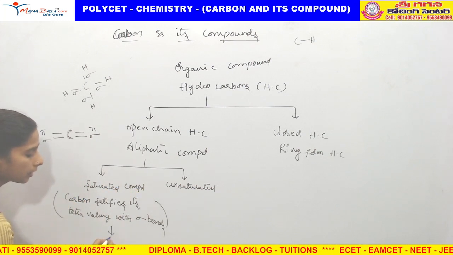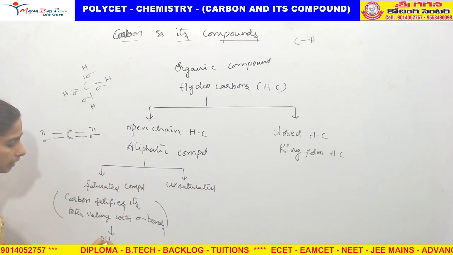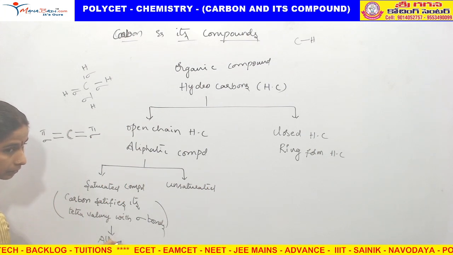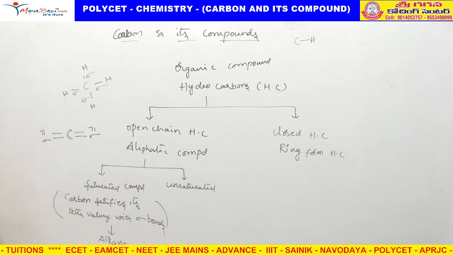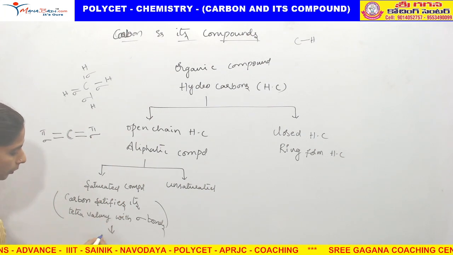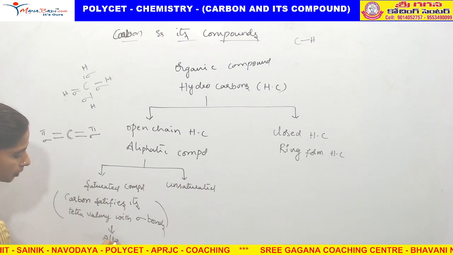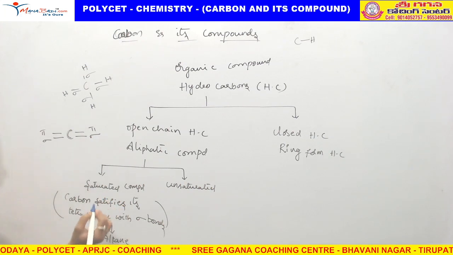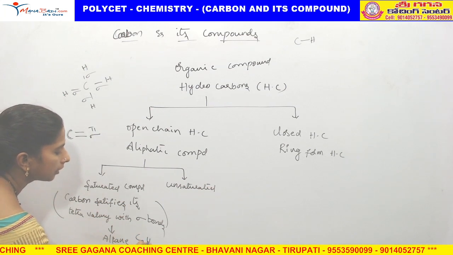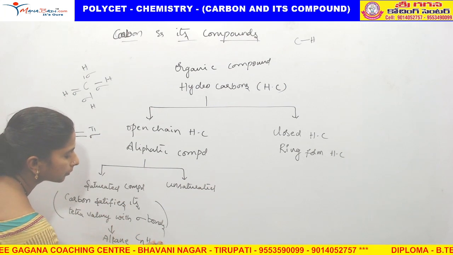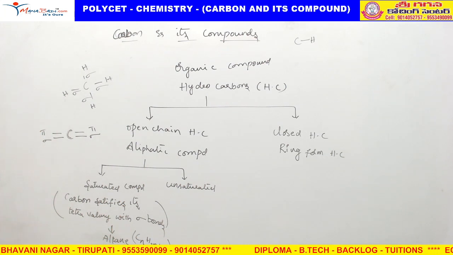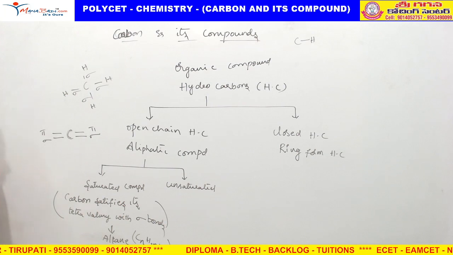These saturated hydrocarbons are called alkanes. Alkanes have the general formula CnH2n+2.